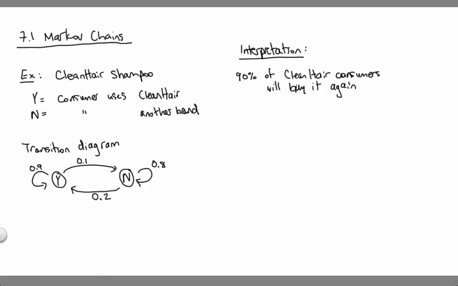And that then means that 10% of Clean Hair consumers will not buy it again. Second piece of information is encoded in the arrows that are coming out of N. You could say 20% of other brand consumers will buy Clean Hair next time.